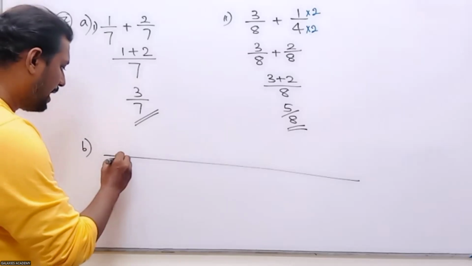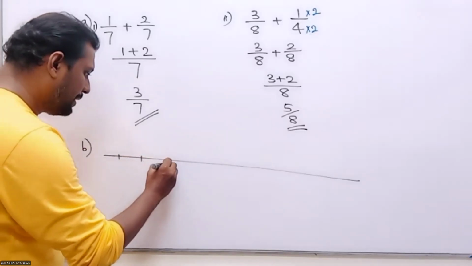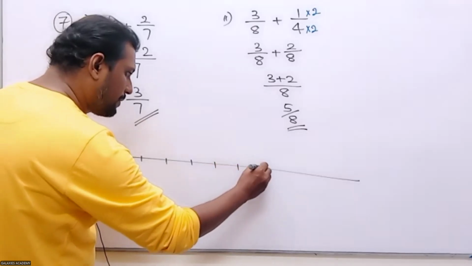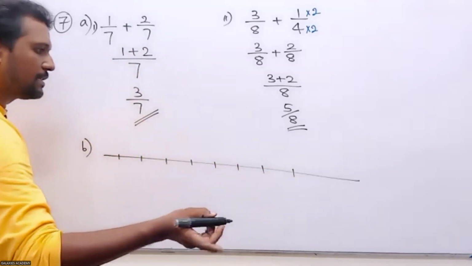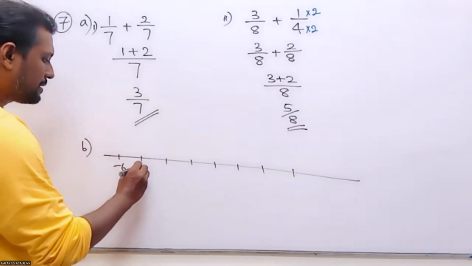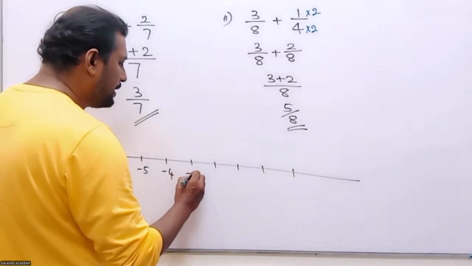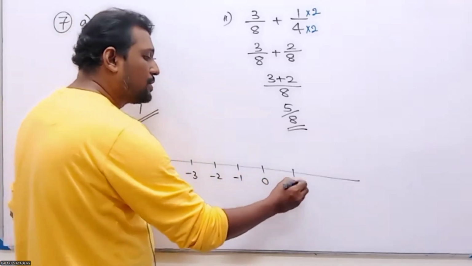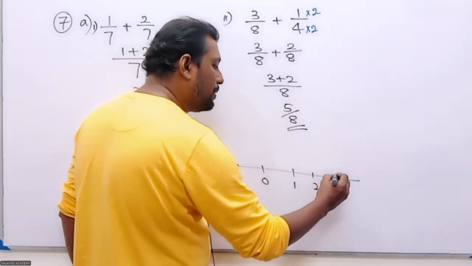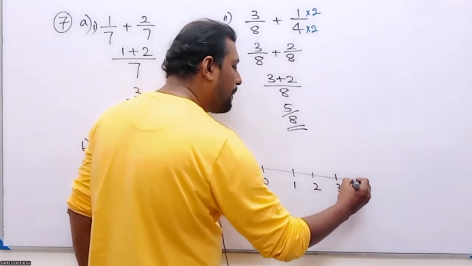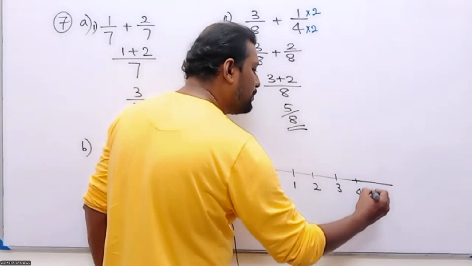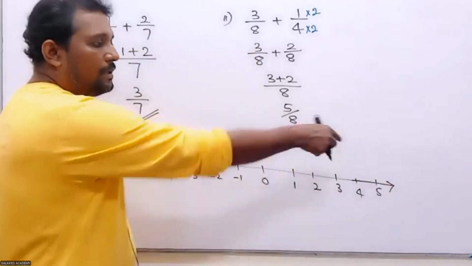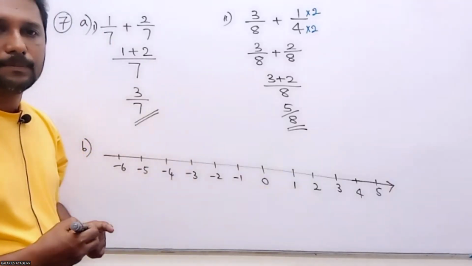Then also you have to keep equal gaps between two integers. -6 to +5, no? -6, -5, -4, -3, -2, -1, 0, +1, +2, +3, +4, +5. Also, you have to put an arrowhead at the right end of the number line.